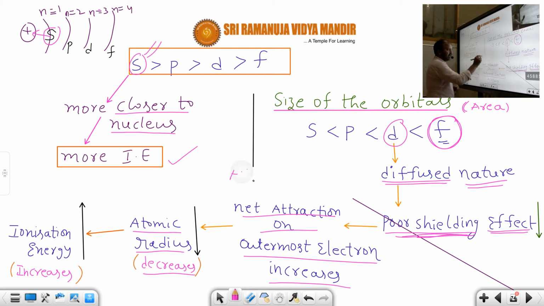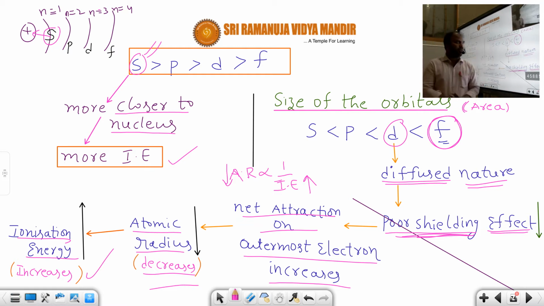But we know that atomic radius is inversely proportional to ionization energy. Am I correct or not? So whenever the atomic radius decreases, what will increase? Whenever two quantities are inversely proportional, if one decreases, the other increases. So atomic radius decreases, ionization energy increases. I hope you are very clear here.